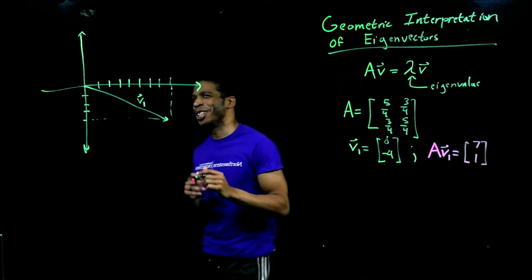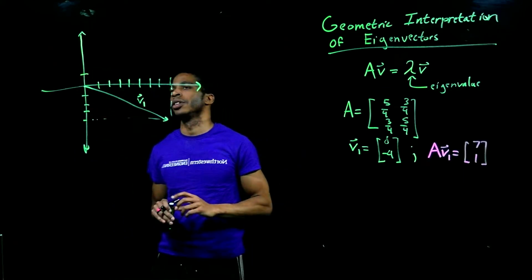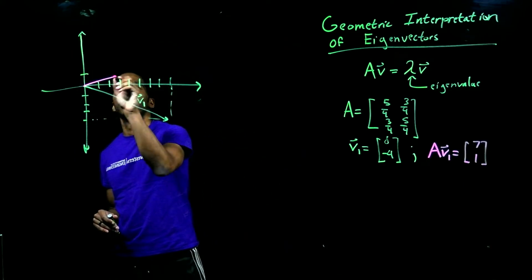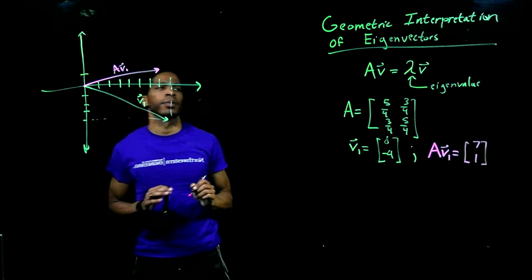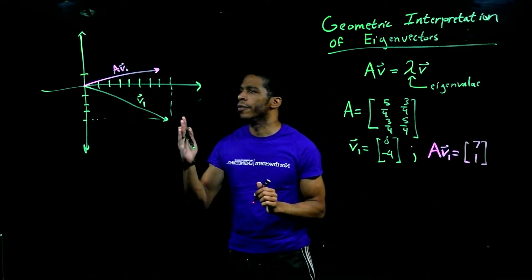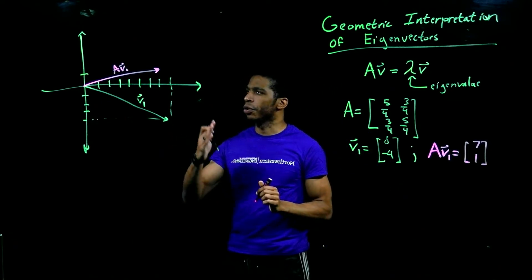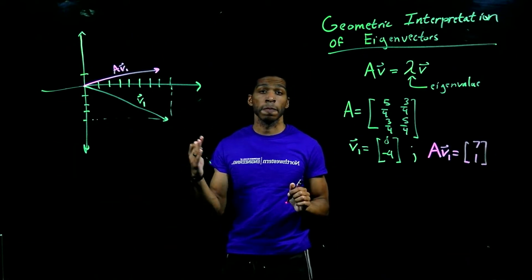So that means we need to go over 7 and up 1. And you can see that V1, after you apply the matrix A, has rotated and shrunk.